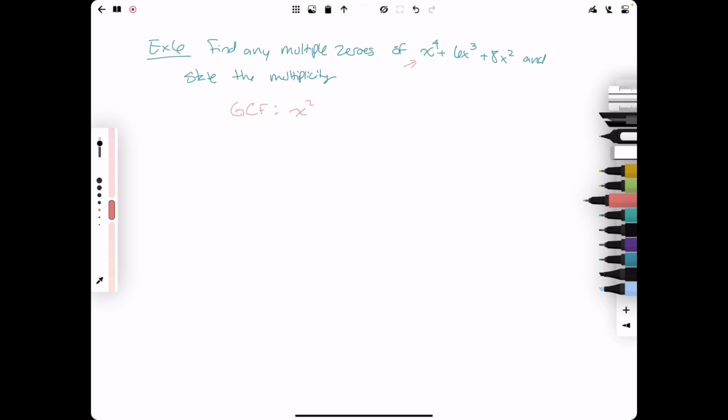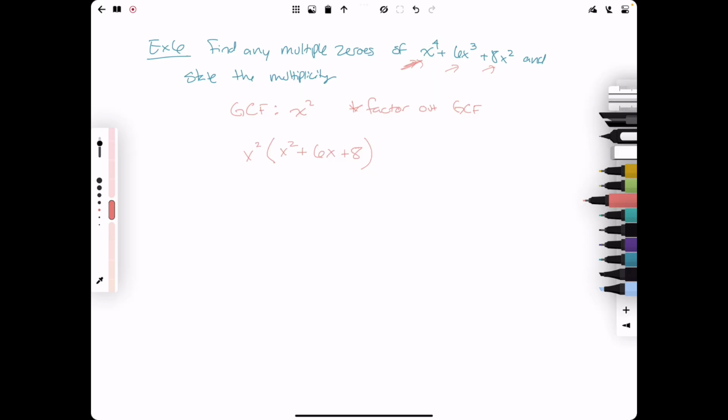So we're going to factor out the GCF, greatest common factor. So we'll have x squared, and if I divide it out of each of these, we would have x squared plus 6x plus 8. Did I miss anything?